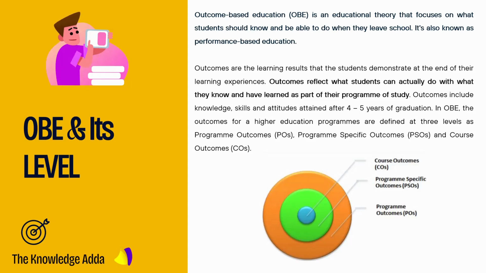If someone has just completed their course and is not doing anything or not getting any job, that is not an example of outcome based education. That is basically output, meaning the student has just completed their course and program.